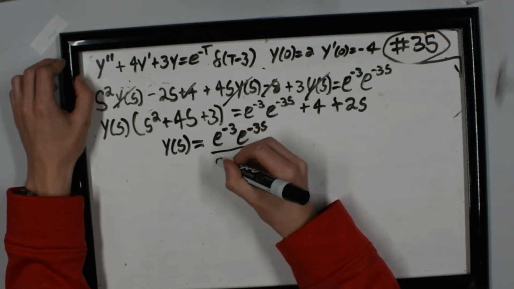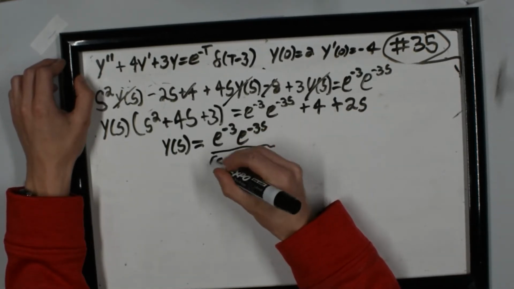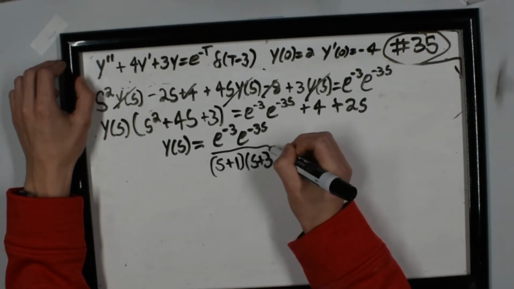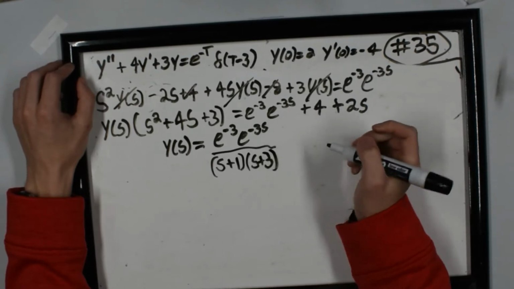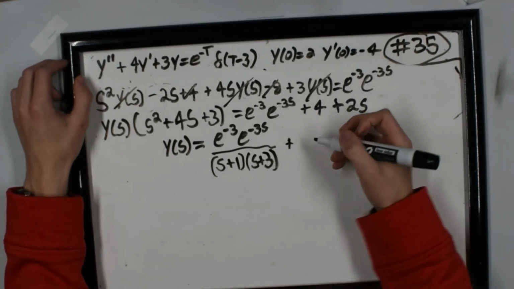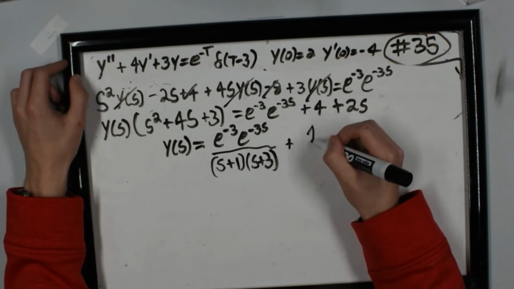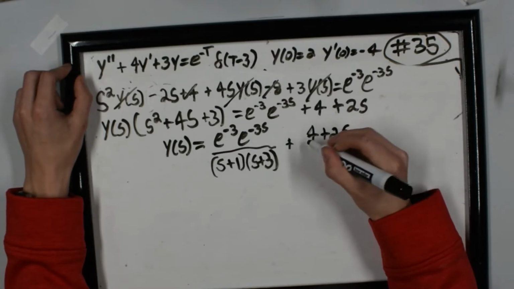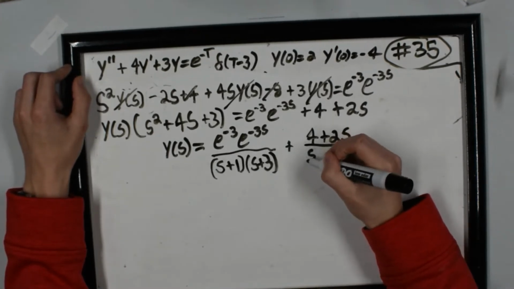Let's keep these separated here. And the reason we keep them separated is because this one has an e to the something term, and that means it's going to be a step function. So we're going to anticipate that here and do these separately.